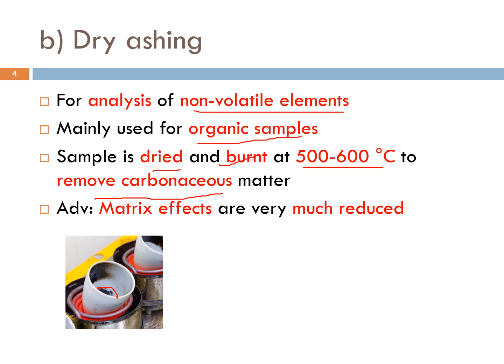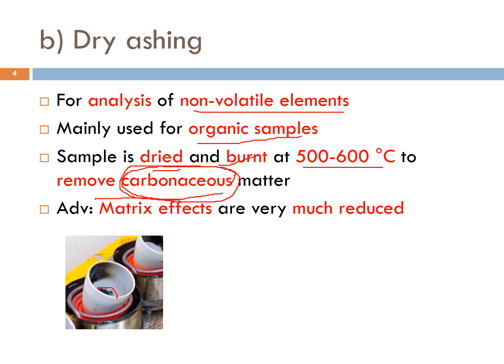Letak dalam bekas dia, crucible ni, and heated lah at high temperature. So first thing first, the water and moisture dalam sample ni akan being evaporated, and also at high temperature the carbonaceous matter, carbon dalam, contoh kata dalam organic compound, carbon ni akan react dengan oxygen inside the air and being burned and will release the carbon dioxide.